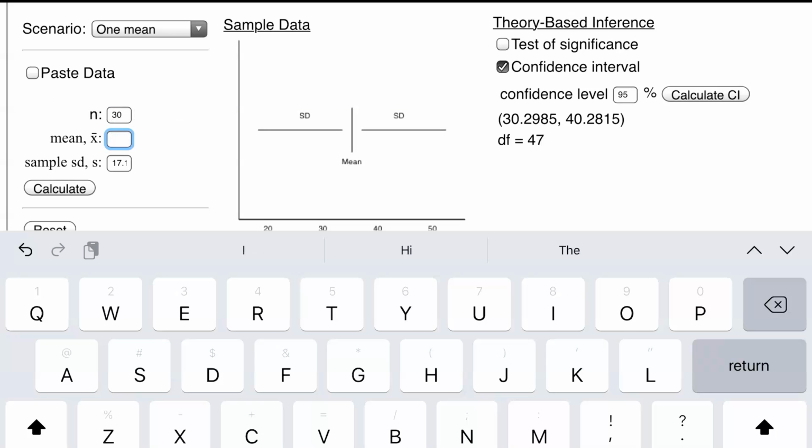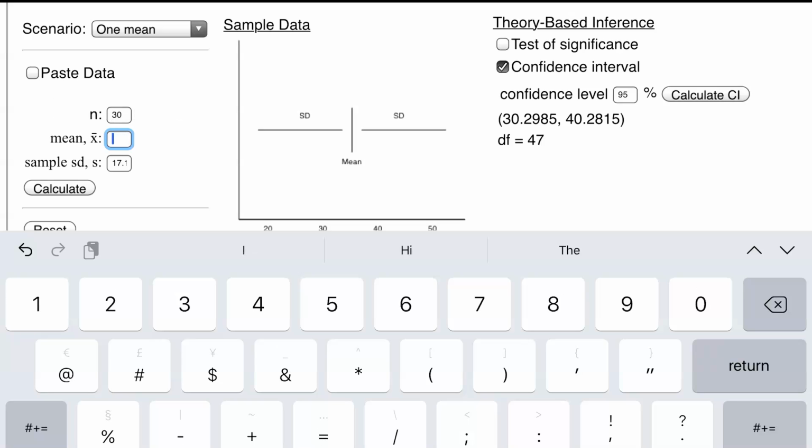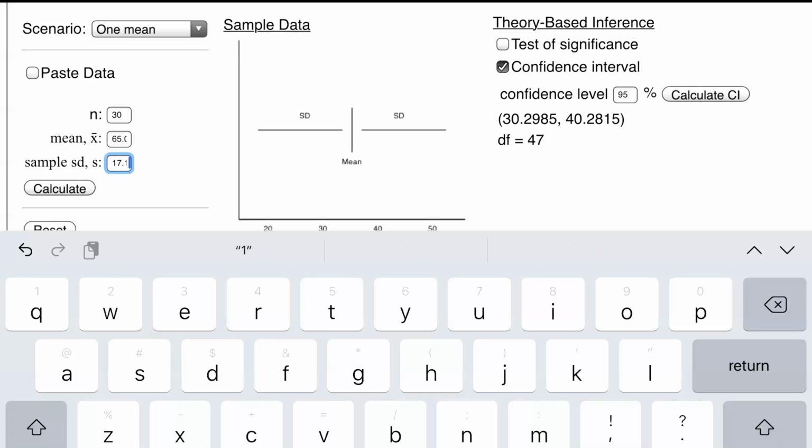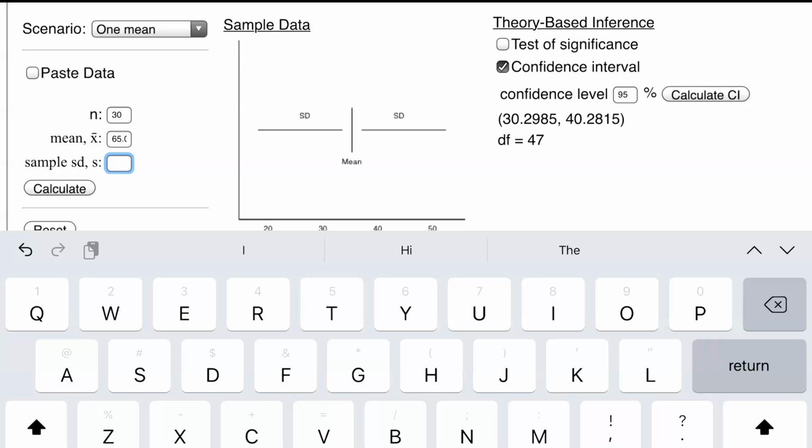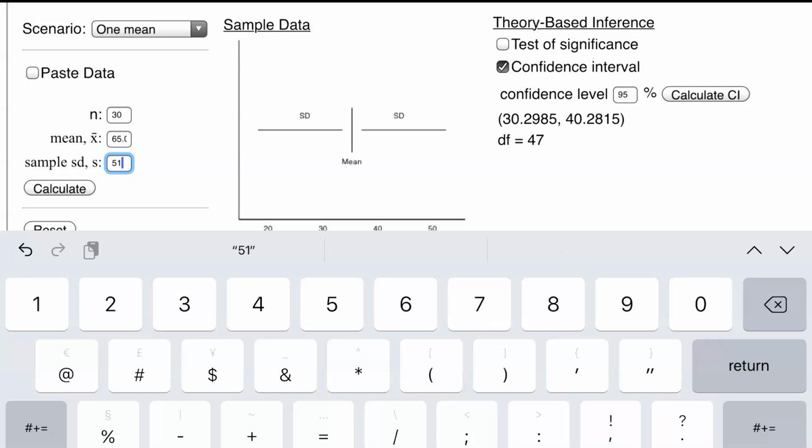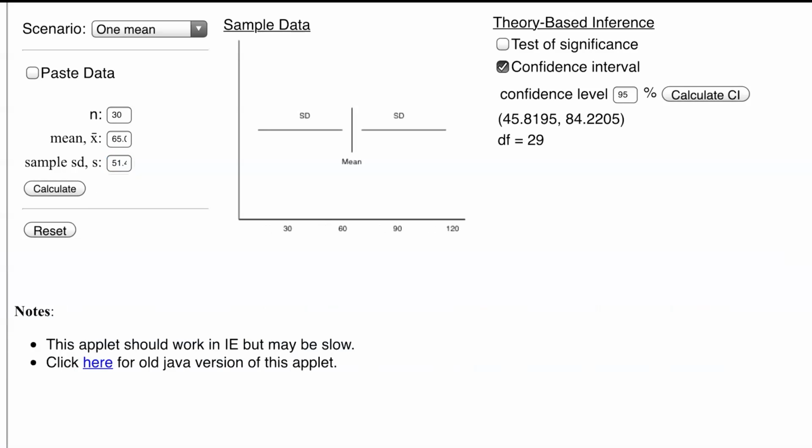So we're going to go to the applet and put in the new information for this scenario. Our sample size is 30. The sample mean in this case was 65.02, and the sample standard deviation in this case was 51.42.